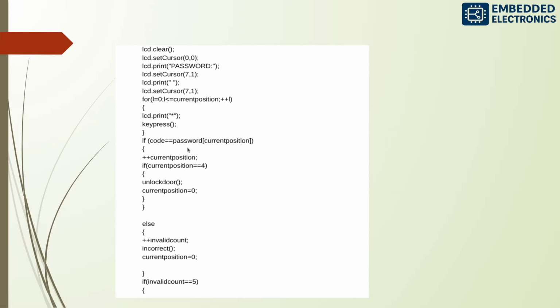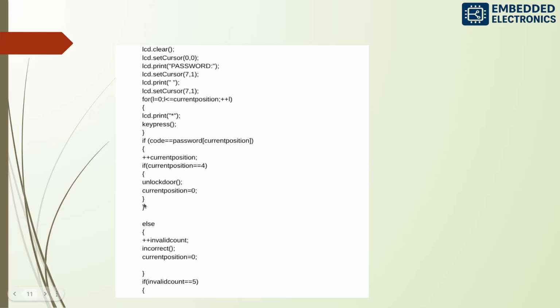If code equals the password, then the unlock function will be executed. If the key you press matches the digit at the current position of the password, it moves to the next digit. If you get all 4 right digits, it calls the unlock door function.